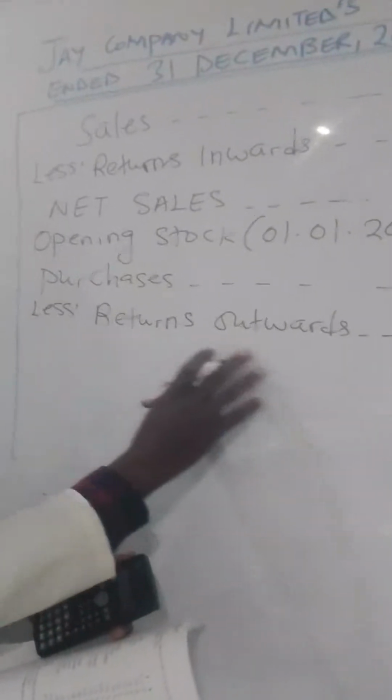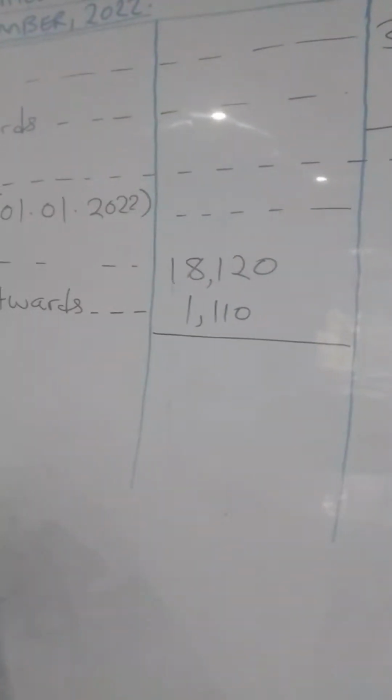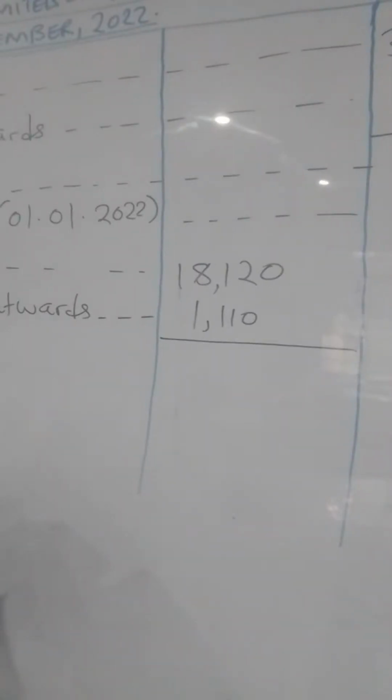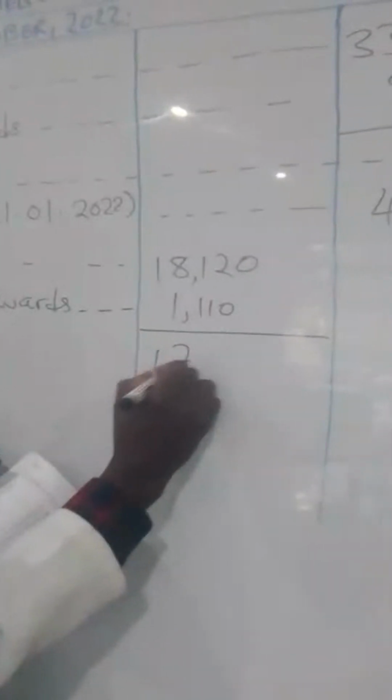Okay. So now we are going to do returns outward, this minus this. So 18,120 minus 1,110 gives us 17,010.